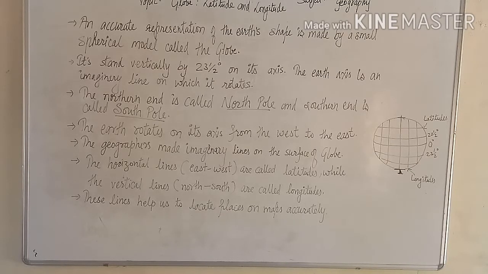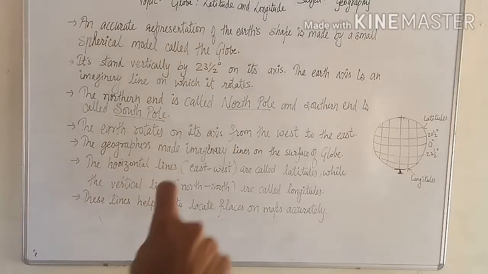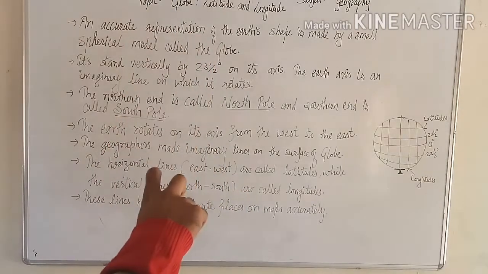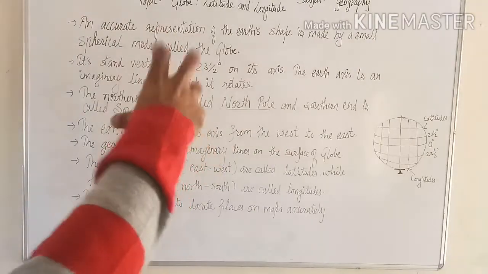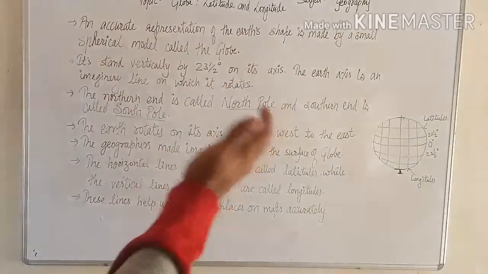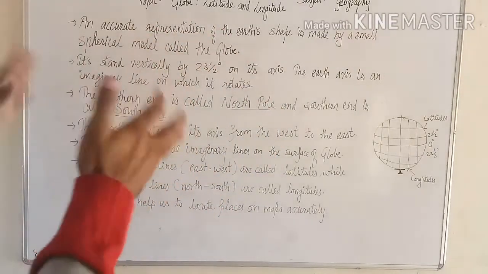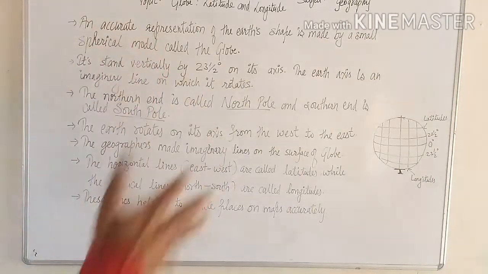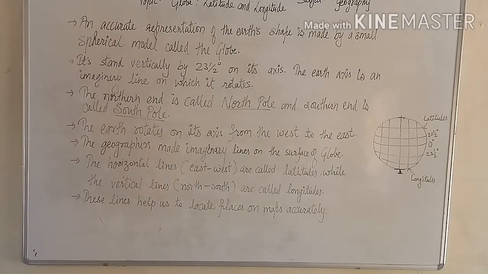On the globe we can see that the Earth model stands on something that is imaginary, not actual. This is only an imaginary line that the Earth is tilted 23.5 degrees. That is only imaginary, not actual.